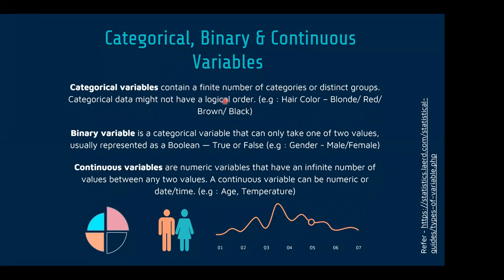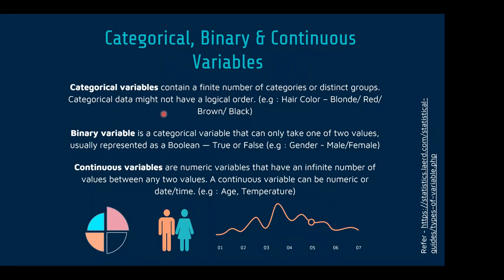A categorical variable, as an example, is used to identify distinct groups, like hair color. You can divide people into different groups based on categorical variables like hair color, and then you can have something like male or female. Sorry, when it comes to male or female, it is only two, right?